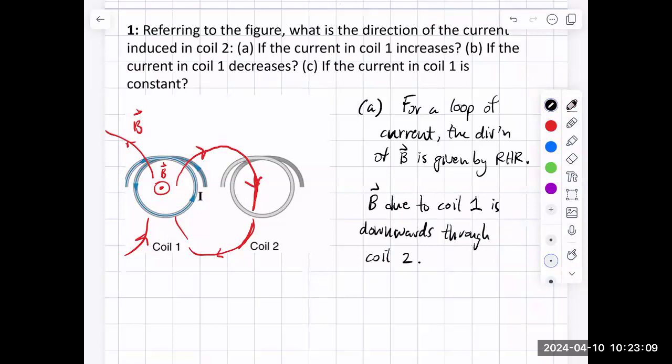All right, so now we have to think about if the strength of this current in that first coil is increasing, then we have increasing magnetic flux in the downwards direction through the second coil.